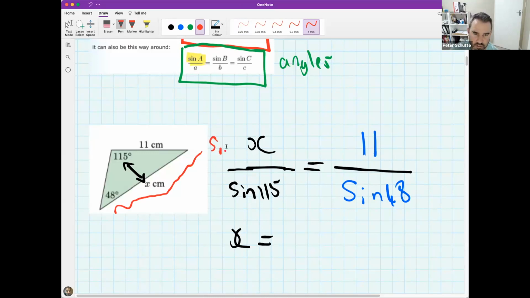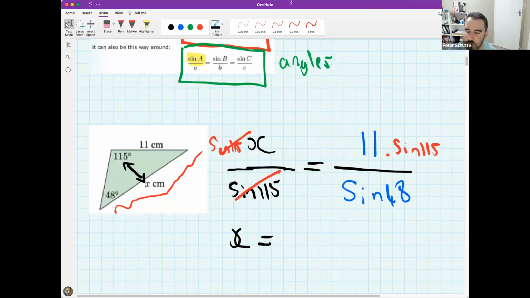I think I just have to times both sides by the sine of 115. And so then I should get, in my calculator, I type 11 times the sine of 115 divided by the sine of 48.